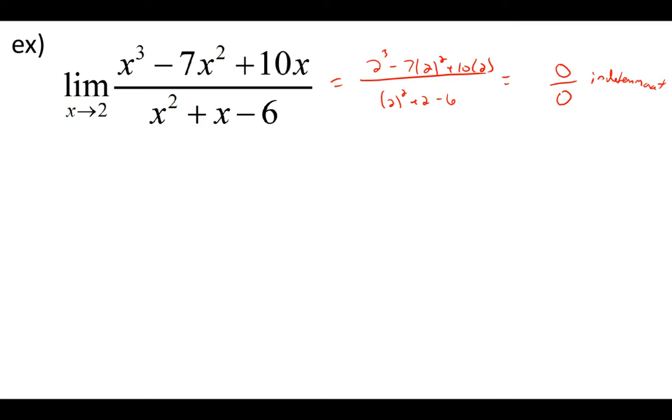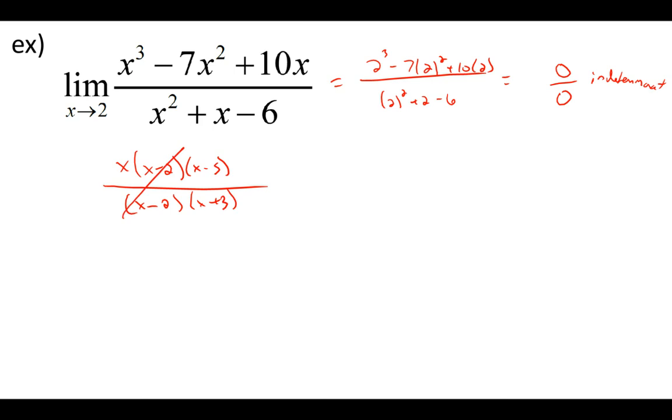Now, when we got to this point, what you were supposed to have done before is factor the top. So for the top, you'd actually need to factor out x first, and then this would factor into x minus 2 and x minus 5. The bottom would factor into x minus 2 and x plus 3, right?